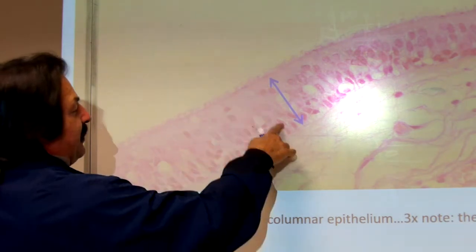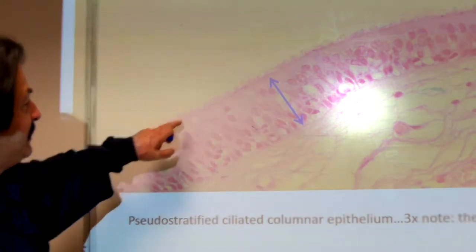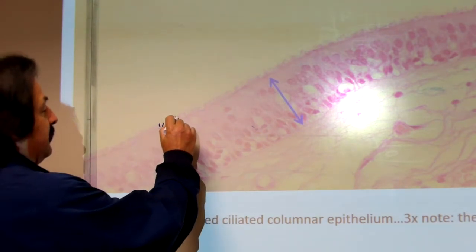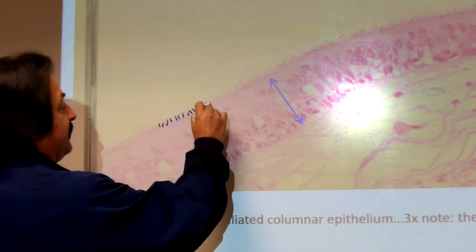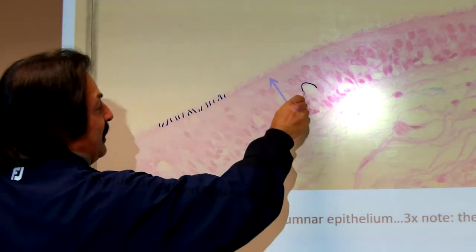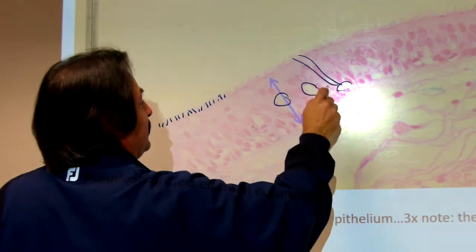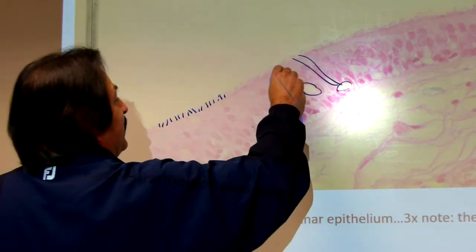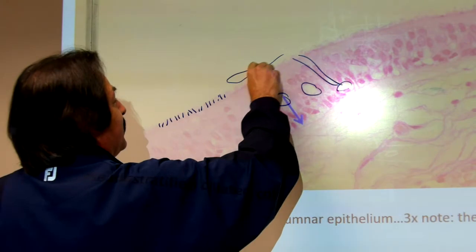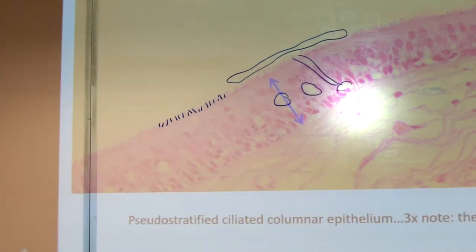So this arrow, this is our pseudostratified, ciliated, all of our cilia, little hairs that will beat back and forth. And notice the goblet cells. Okay, goblet cells are going to release mucus, and the cilia are going to make sure that the mucus is distributed over the apical surface of this epithelium.